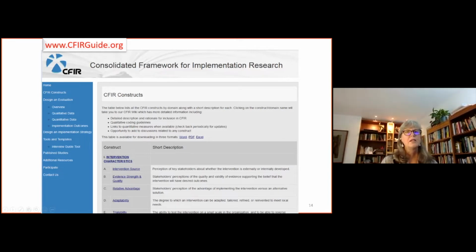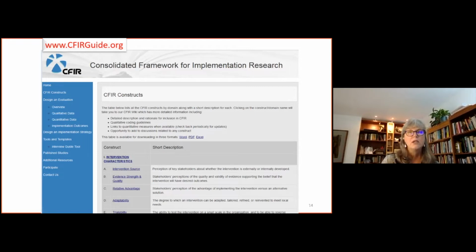And one of the things that is very important to note is that though I'm talking about the CFIR today, it is not the be-all end-all framework for every implementation project. There are many other frameworks too that have different lenses or different ways of looking at the world.